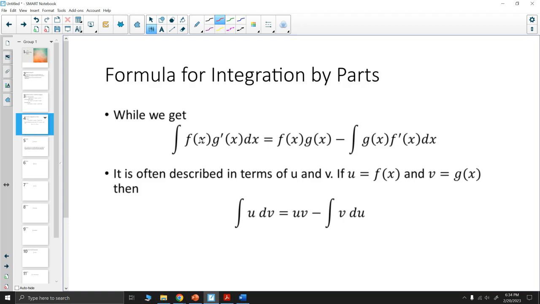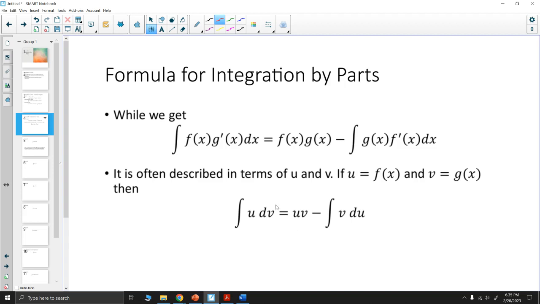We often describe them in terms of u and v. Essentially, f is u, g is v, and so plugging it in, the integral of u dv is equal to uv minus the integral of v du. And this is our formula for integration by parts.